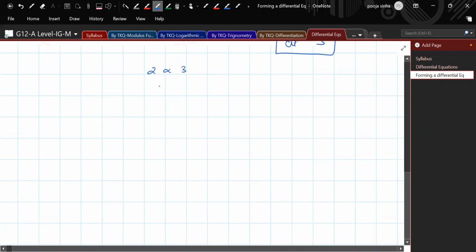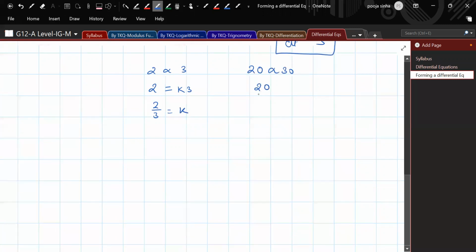So I remove the proportionality sign and put an equal to and then k into 3. So 2 upon 3 is equal to k. In the same way, I write 20 is proportional to 30. So 20 upon 30 is equal to k.